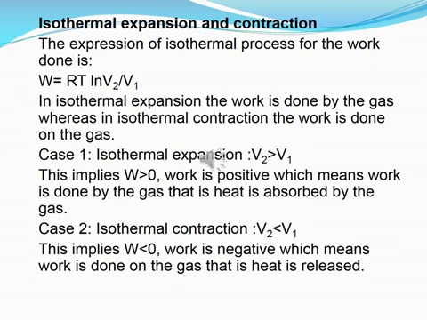And case 2 is, in isothermal contraction, V2 is lower than V1. This means that work done W is lower than 0. That is, work done is negative, which means that work is done on the gas, that is, heat energy is released.